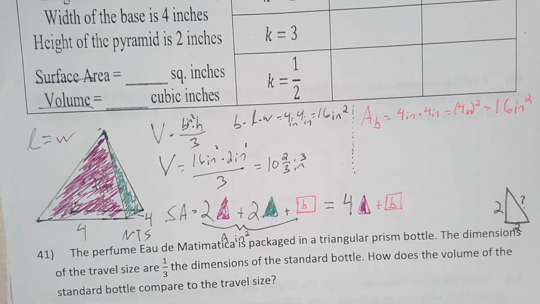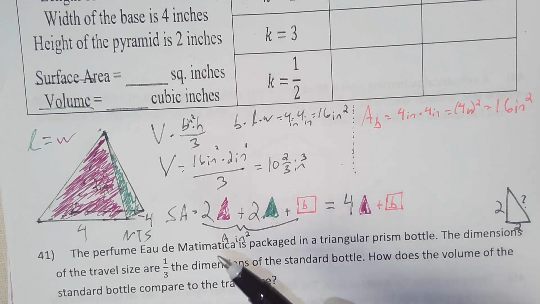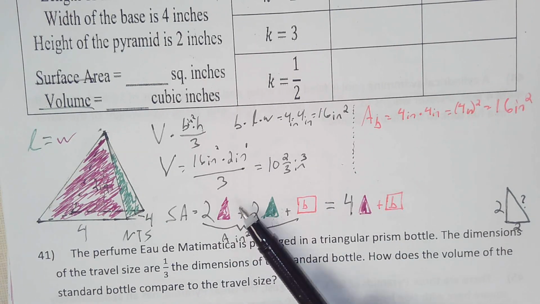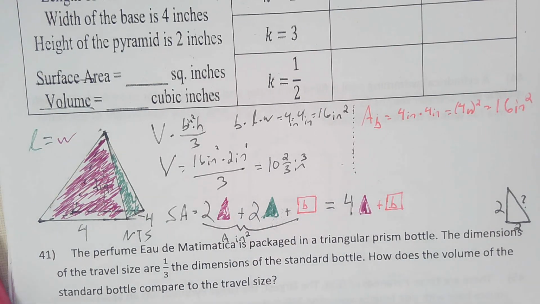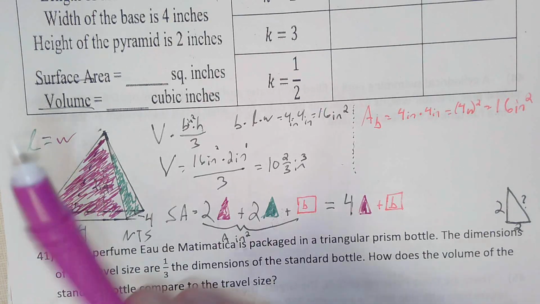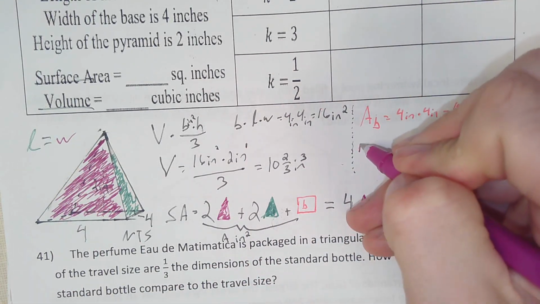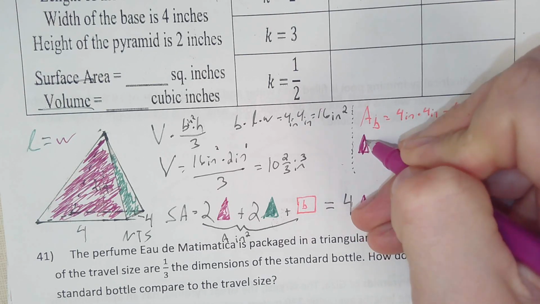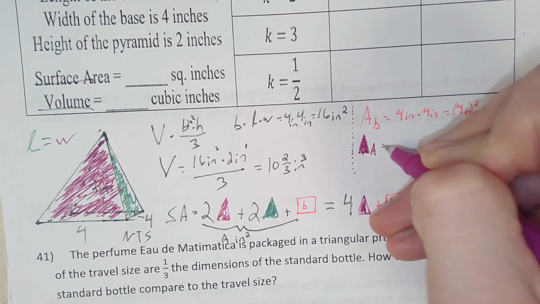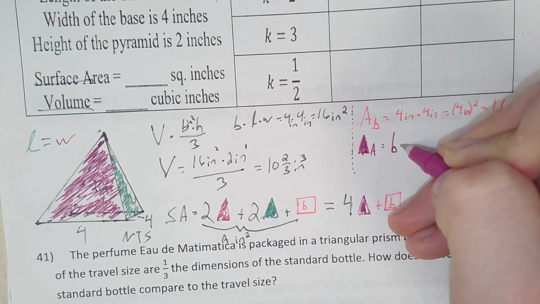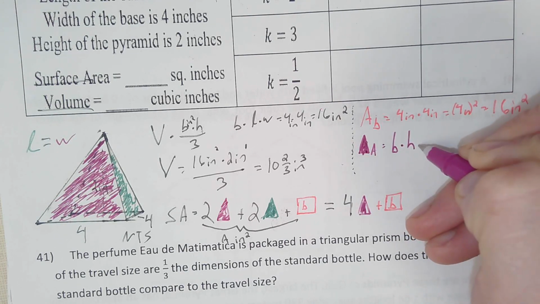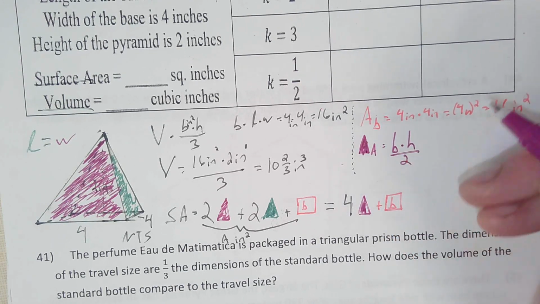Because we don't know. These triangles here, the area is the base times the height divided by 2, right? I guess I jumped ahead of myself. The area of the triangle equals the base times the height divided by 2, because that's the area of the triangle.